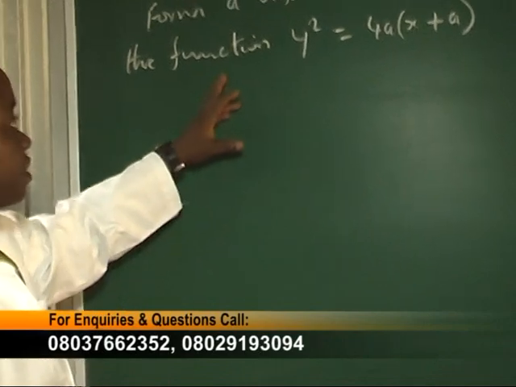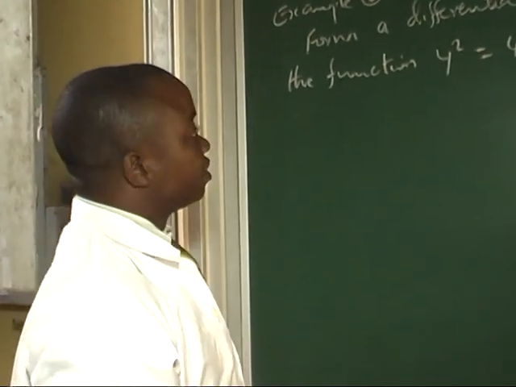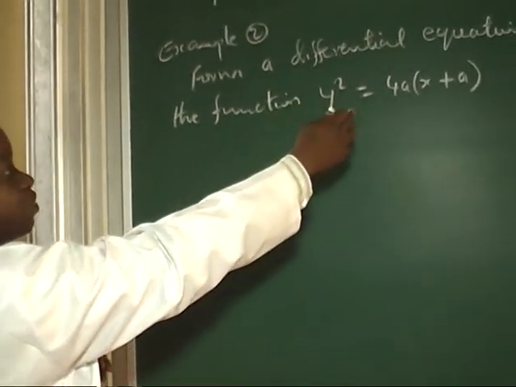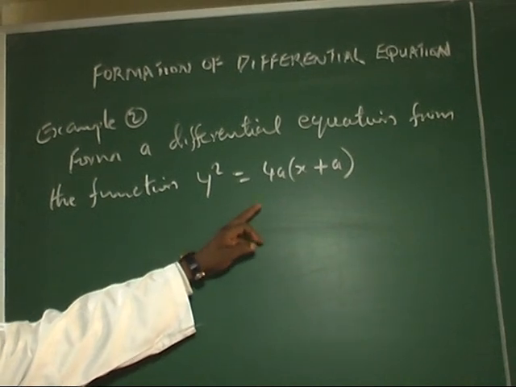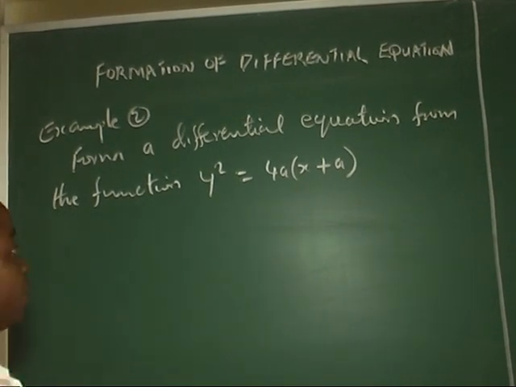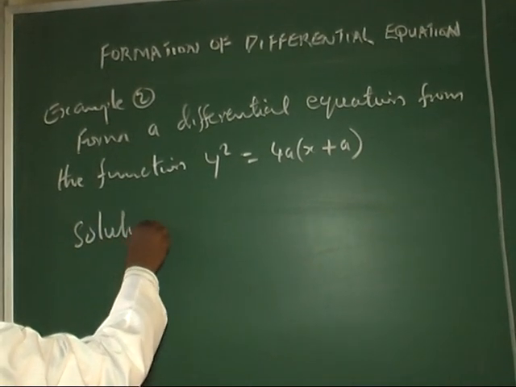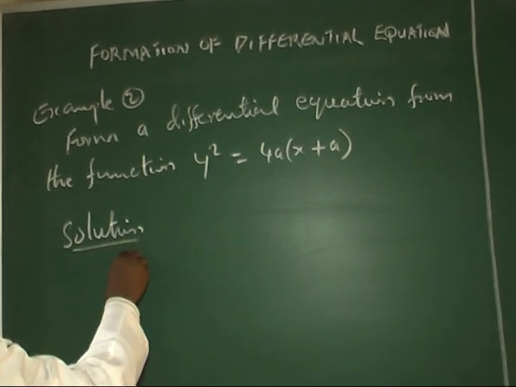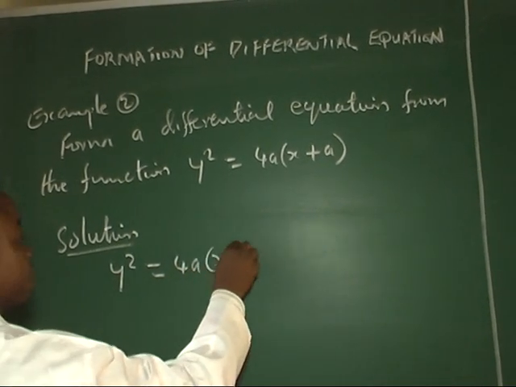Now let's look at example 2 of how to form a differential equation. Form a differential equation from the function y squared is equal to 4a times x plus a. Let's pick the solution. y squared is equal to 4a times x plus a.